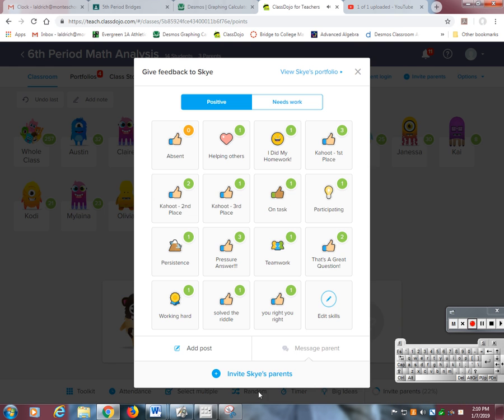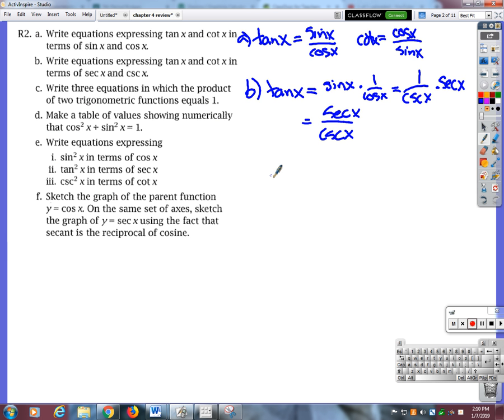Okay, Sky, now that Claire did the heavy lifting, how can you write cotangent in terms of secant and cosecant? Yes, ma'am.